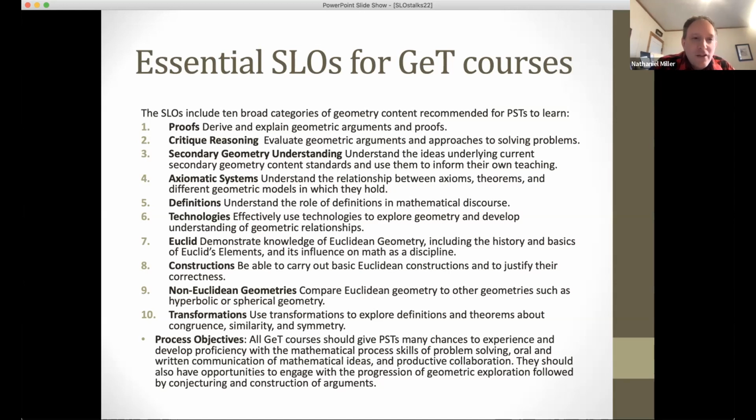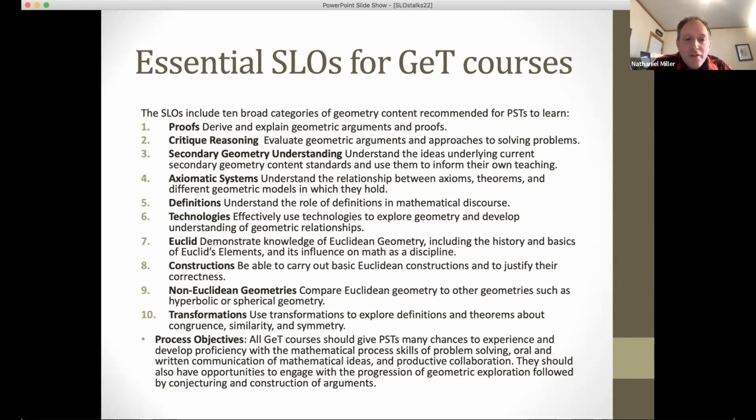Here are our 10 SLOs, and I'll go through each in a little more detail in a second. We have proofs, critiquing reasoning, secondary geometry understanding, axiomatic systems, definitions, technologies, Euclid, constructions, non-Euclidean geometries, and transformations.